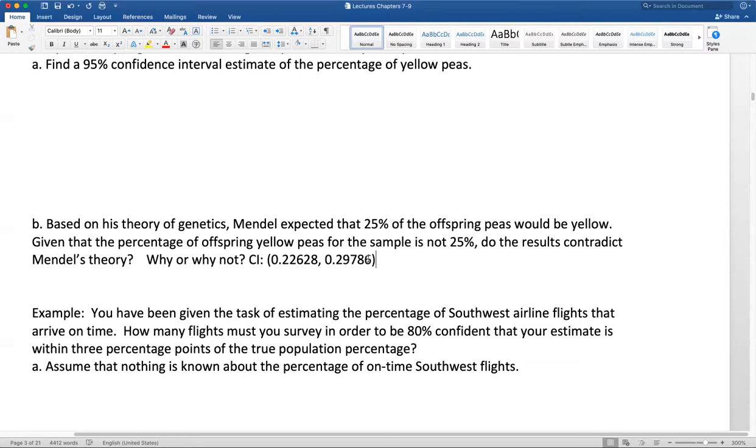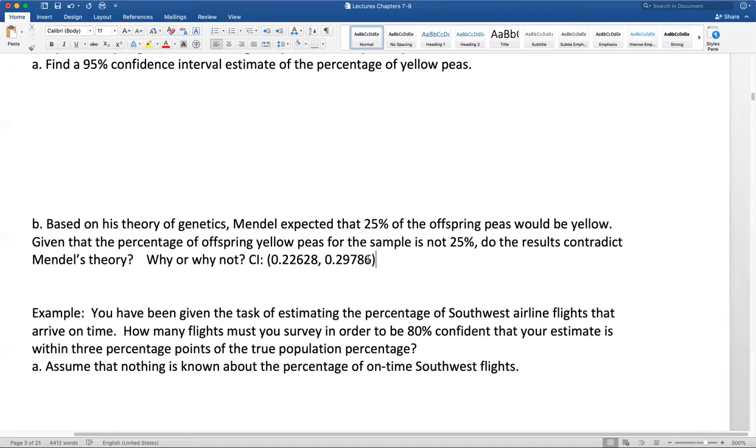And then except for one confidence interval, it means that 19 confidence intervals do contain the true population proportion. That's the meaning of a confidence interval with the confidence level 95%.